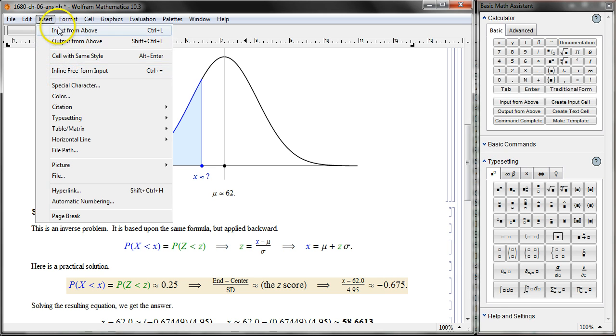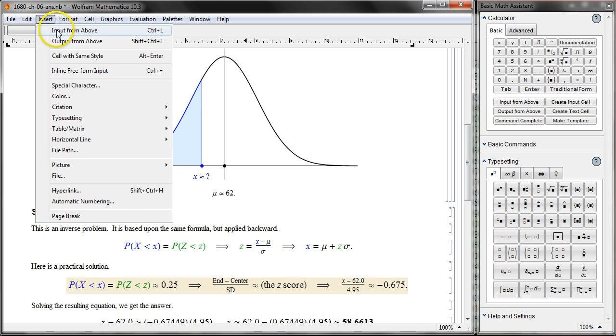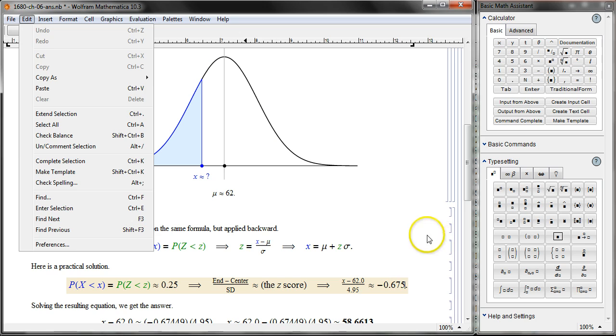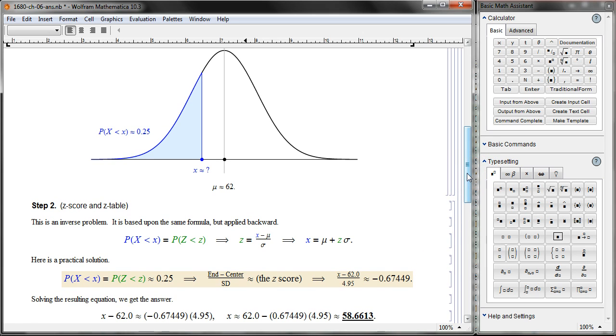Here in this answer key, however, I'll go back to the previous number, which is a little bit more accurate.